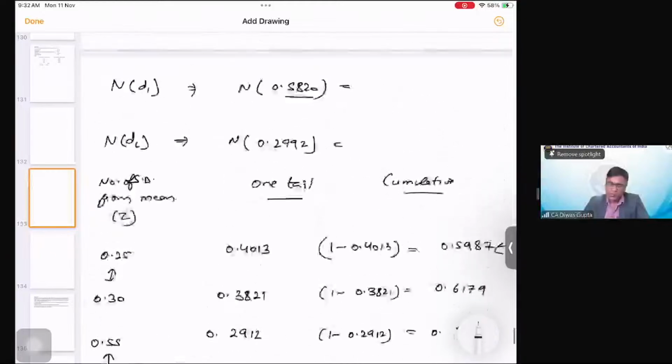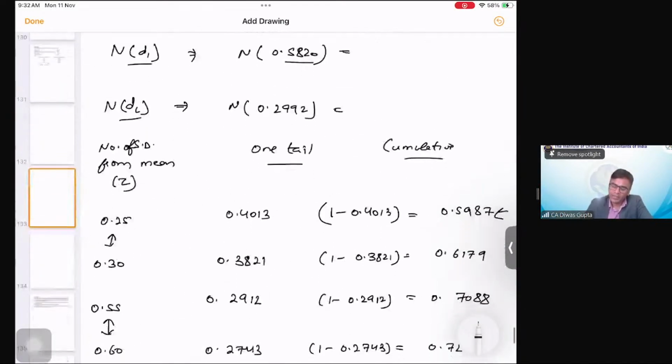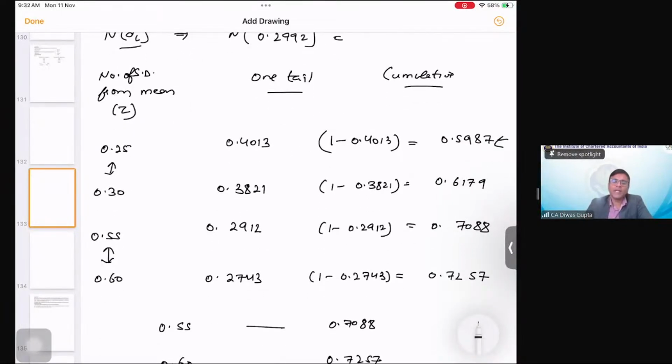So we started from here. For ND1 and ND2, we calculated D1 and D2, right? The D2 calculation is above, that is clear. Now for calculating the ND1 and ND2 values, as I said earlier, we have to use the cumulative value, right? Cumulative means area under the curve from left to right.